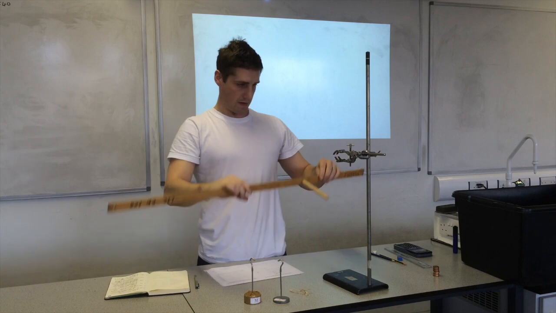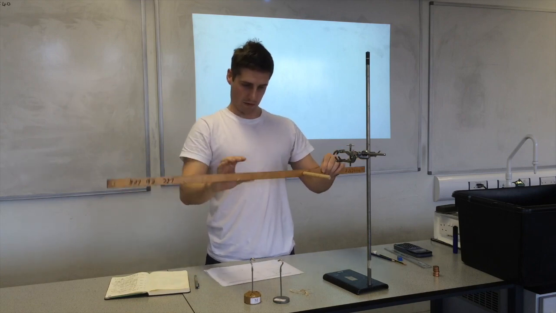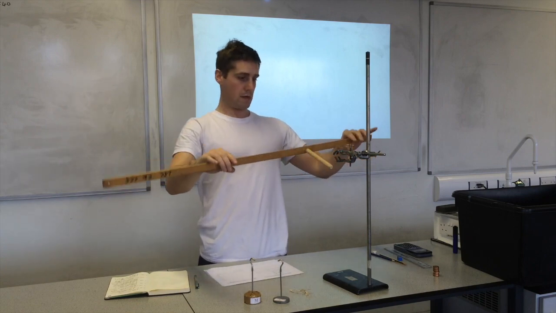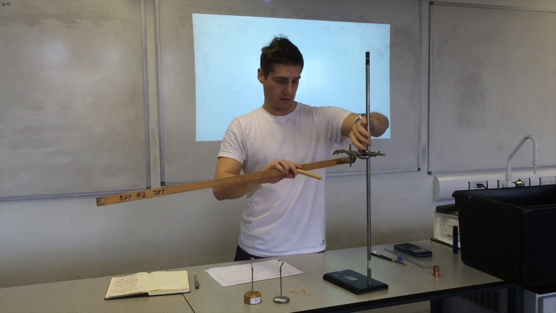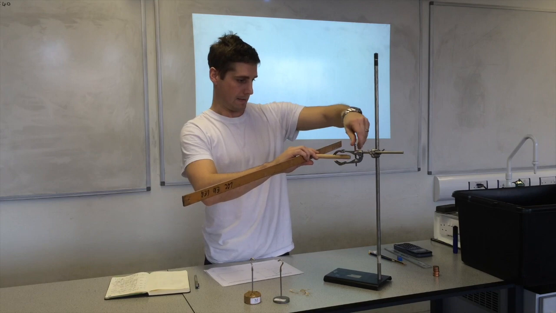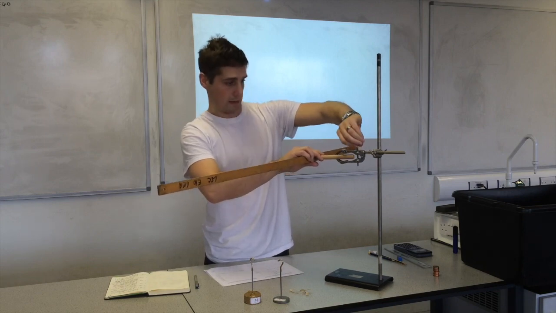I need to pivot this, so I'll be hanging masses on to the ruler, so it will be pivoting around there.